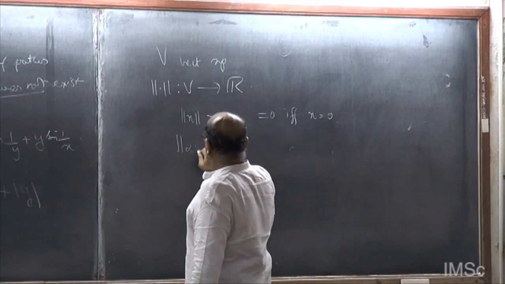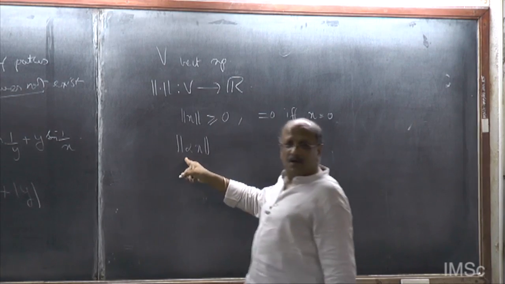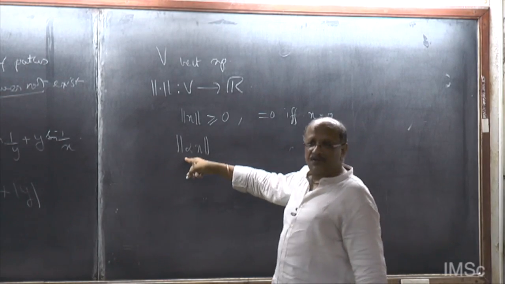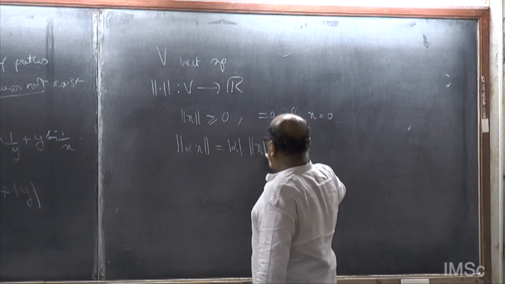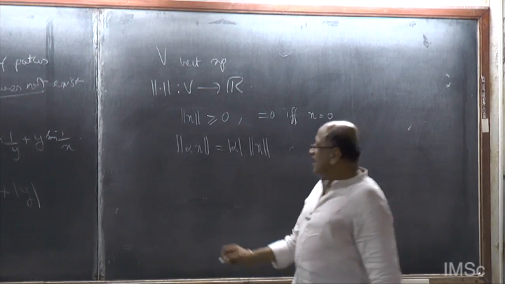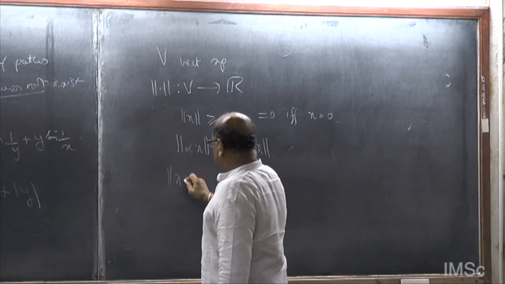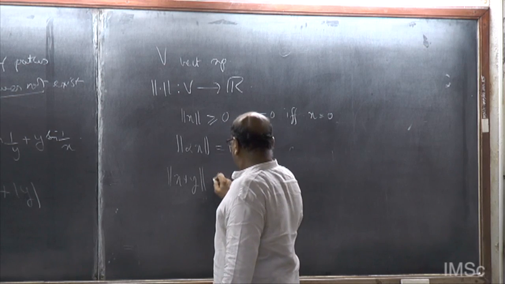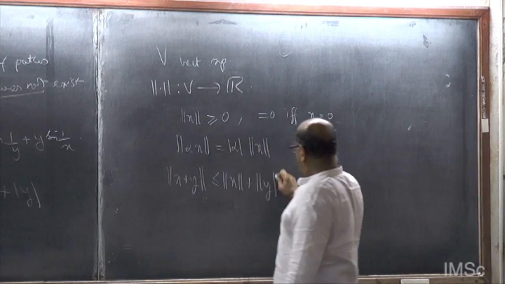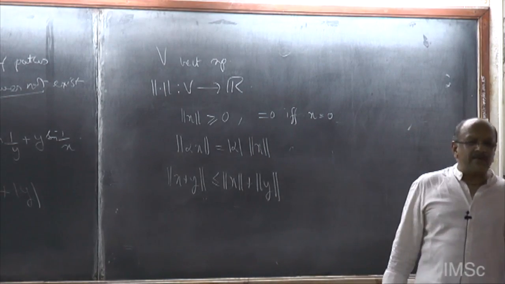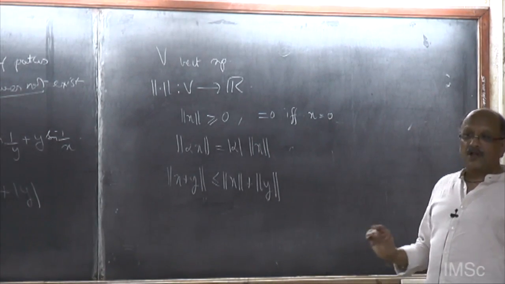Norm of alpha x, where alpha is a constant in the scalar field, is mod alpha times norm x. And the third is the most important, called the triangle inequality, which is norm x plus norm y. So, anything with these three properties is called a norm.